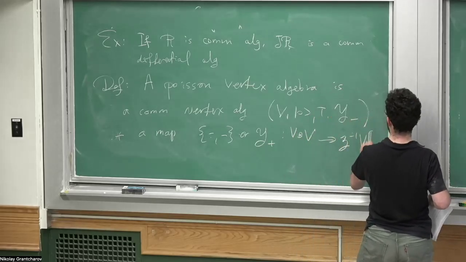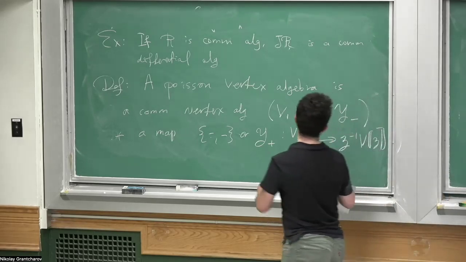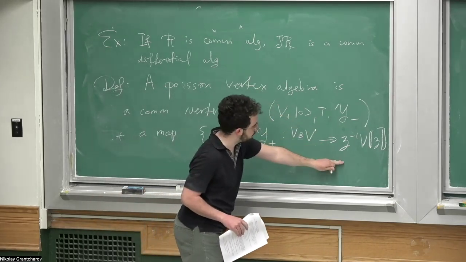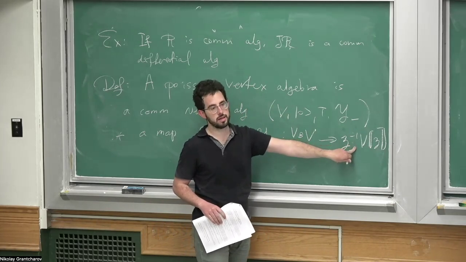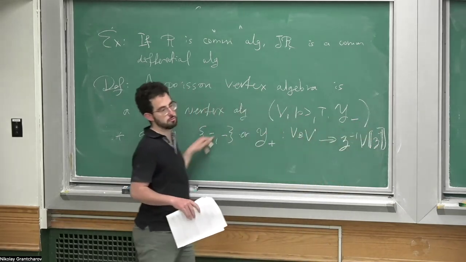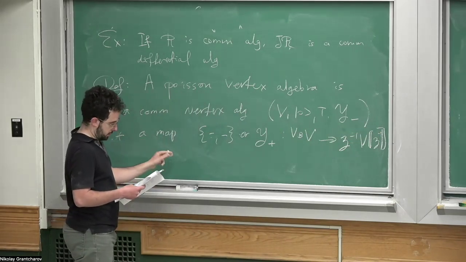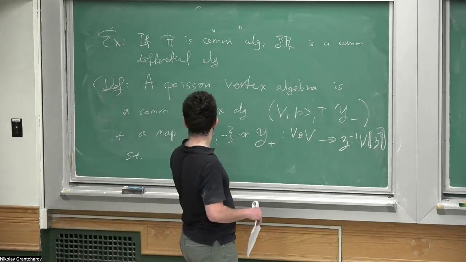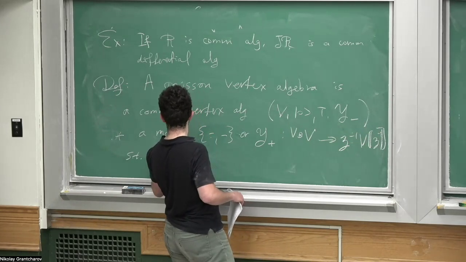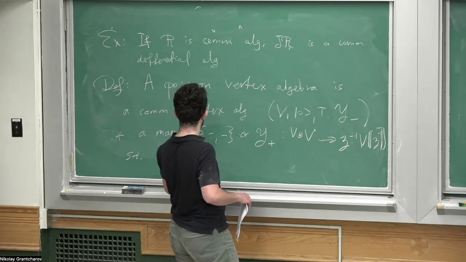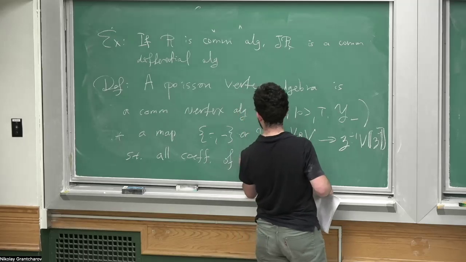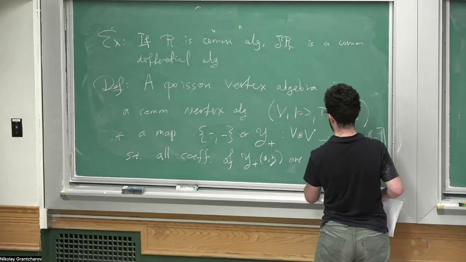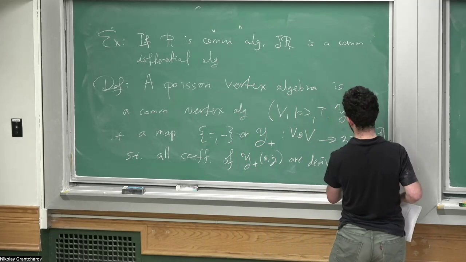So we basically have all the negative components, and then we add separately all of the positive components. If the index here is negative, then the coefficient of the endomorphism is positive. And such that all coefficients of Y plus of a are derivations of the commutative part.